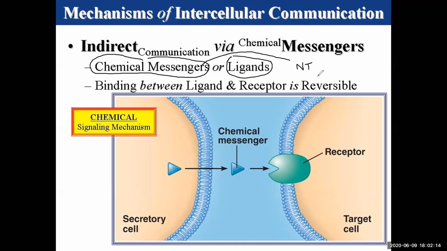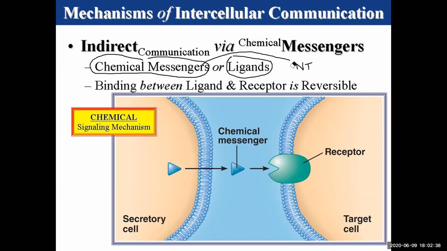Neurotransmitter, one word: neuro, transmitter. Two or more neurotransmitters with an S at the end. One neurotransmitter, get rid of the S at the end. So that's for the nervous system, neurotransmitter.